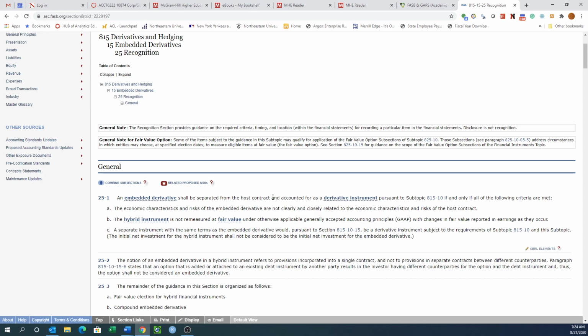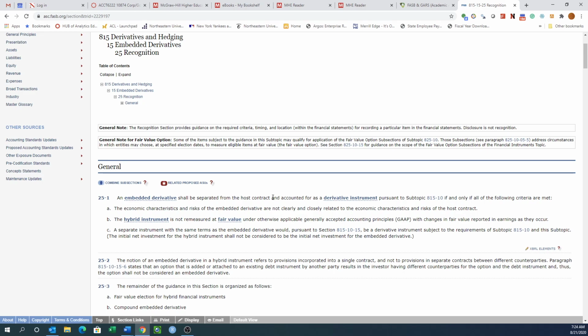And then the last one: a separate instrument with the same kind of terms as the embedded instrument would be considered a derivative. So another way of wording this is, could this embedded derivative be a freestanding derivative? Could I go out and buy a cap? Could I go out and buy a floor separately from this particular item being in the host instrument?